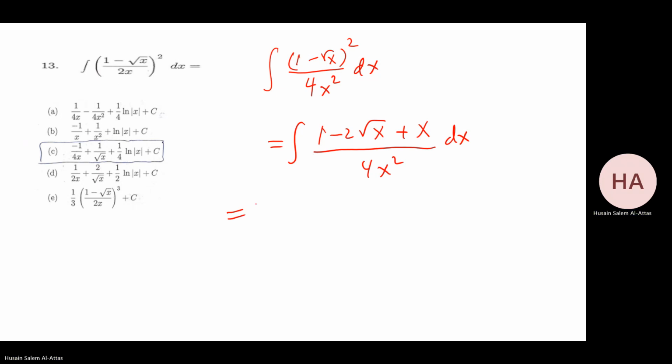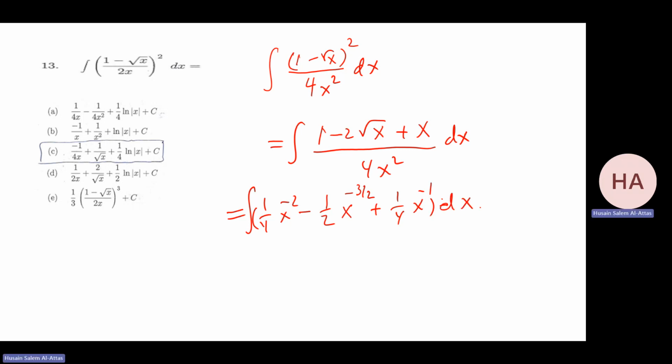That will be 1 over 4 x to the power minus 2 minus half x to the power half minus 2, which is minus 3 over 2, plus 1 over 4 x to the power minus 1 dx. Now do the integration. I have 1 over 4.